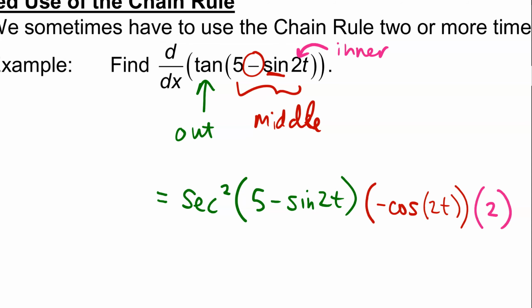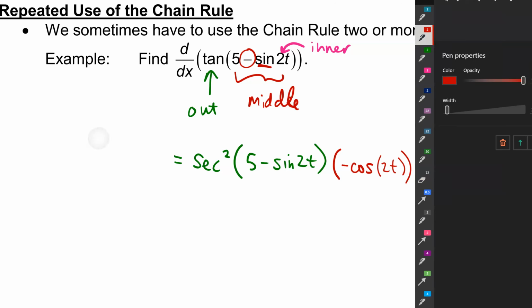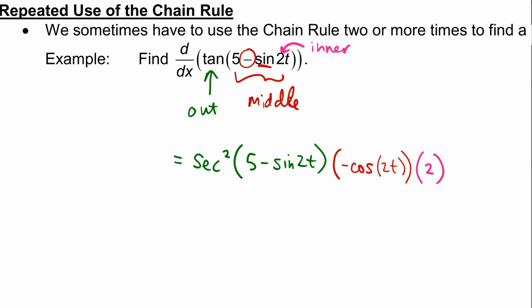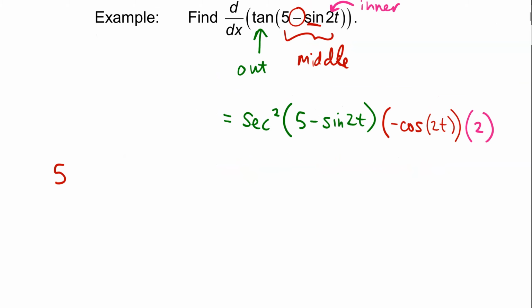I see there's a question. Let's take the middle one. The derivative of tangent is just secant squared. But our question was 5 minus sine of 2t. The derivative of 5 is 0. The derivative of sine is cosine 2t, right? And then of course you'd have to multiply by the inner, but we're not dealing with that.